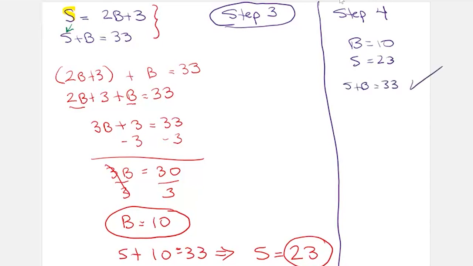That's true, right? And then we want to make sure that Staubach threw 2 times the number of touchdowns that Bradshaw threw plus 3. So if I plug in B equals 10 here, I get 23. So as far as I can see, everything worked out and I have a solution.